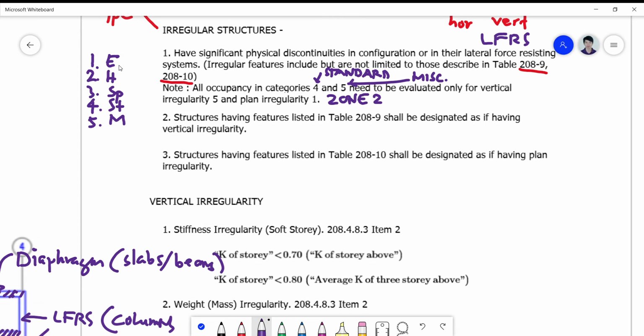So depending upon how you look into the code, and of course the more common are the standard and the miscellaneous, because these are the day-to-day structures that we see outside, the malls, the houses, the apartments, the commercial establishments, the things that we ordinarily see in our day-to-day activity.